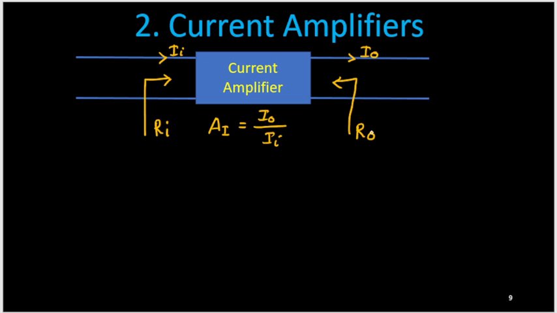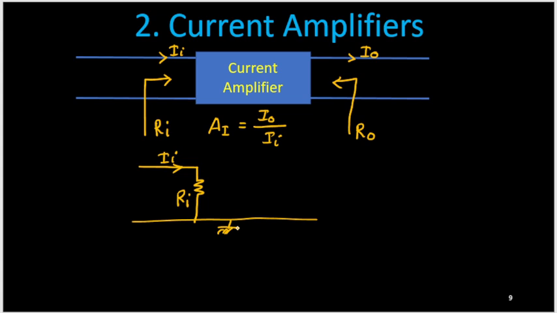So now our model, so you can see that this is your input side current II. I will take this one as reference. Okay, and now I will connect the load, this input resistance Ri. Okay, and this is the common line.